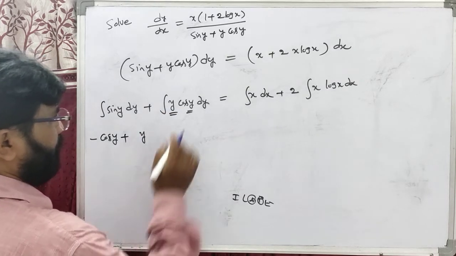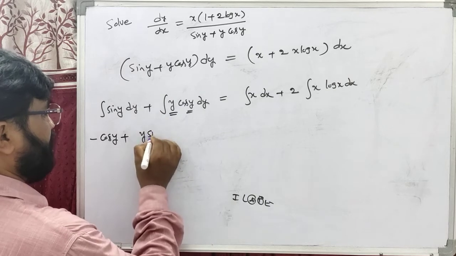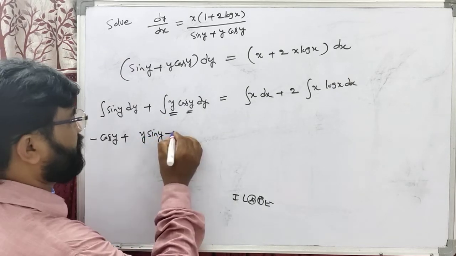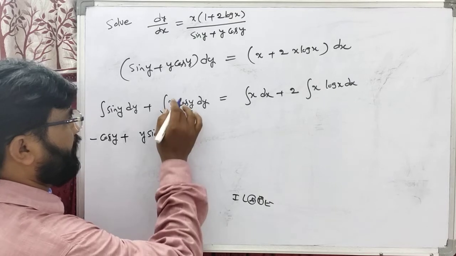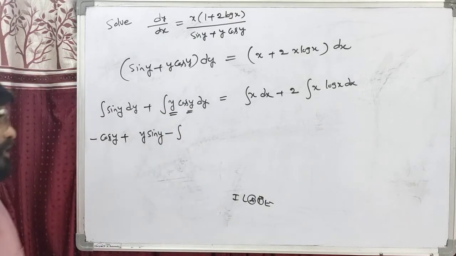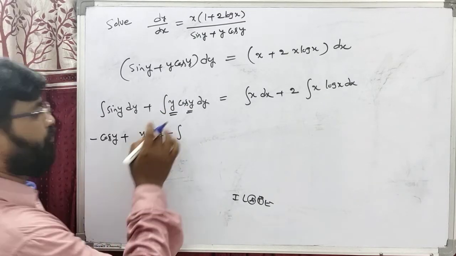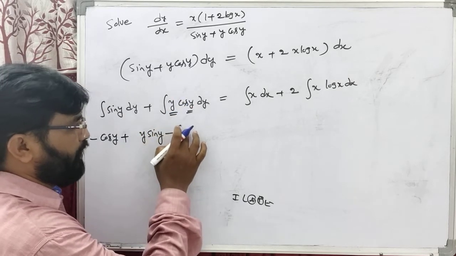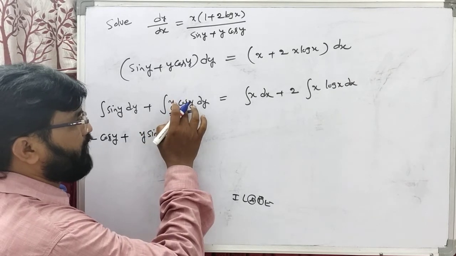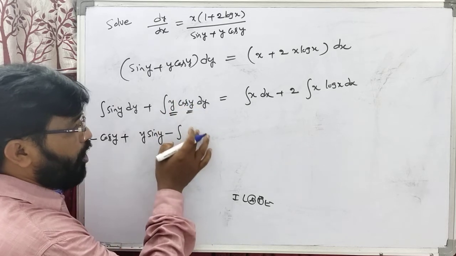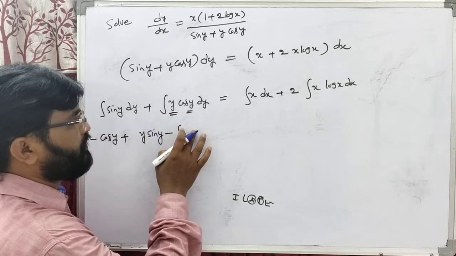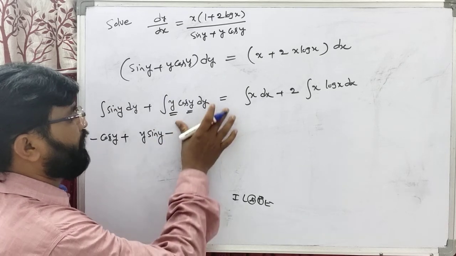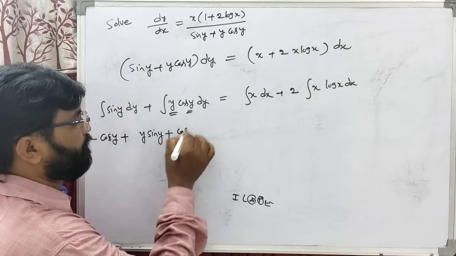Y into the integral of cos y, students, is sin y, minus the integral of the derivative of y into the integral of cos y, sin y. The derivative of y is 1. The integral of cos y is sin y. After that, the integral of sin y is minus cos y, minus of minus, plus cos y.